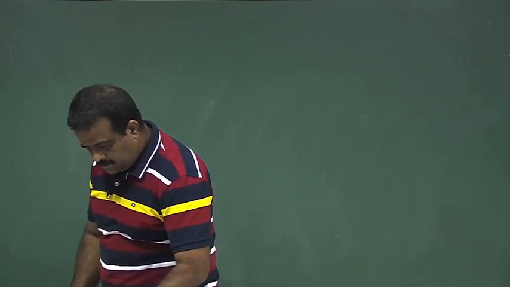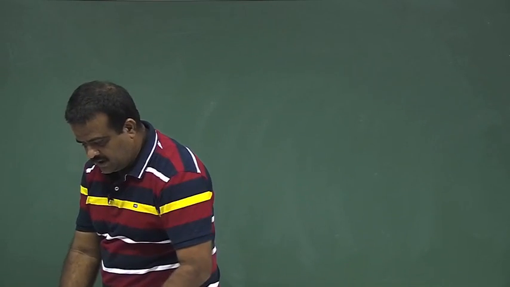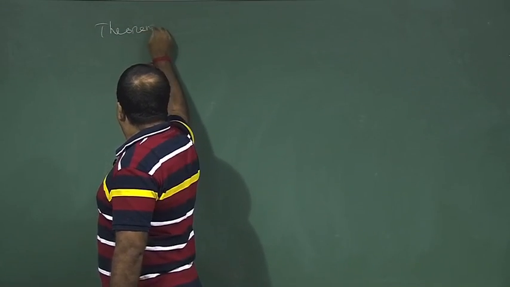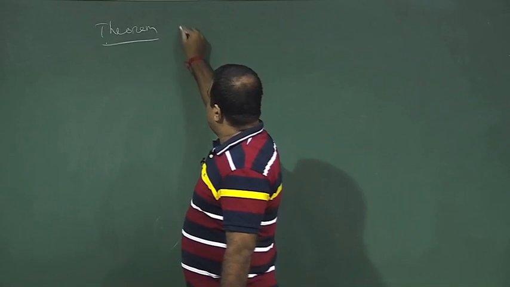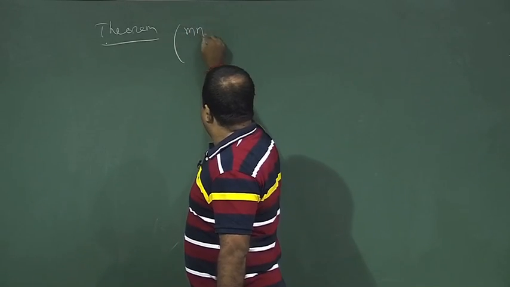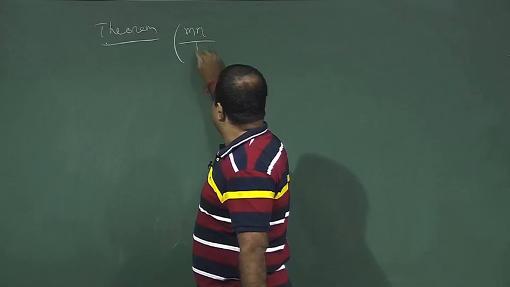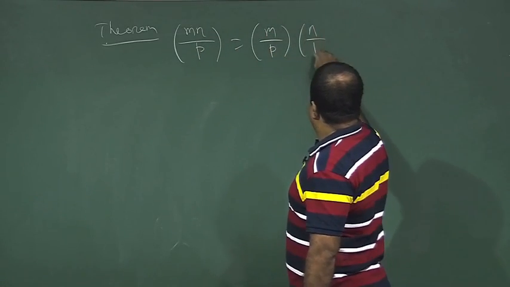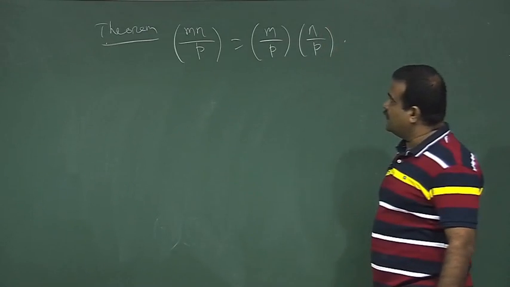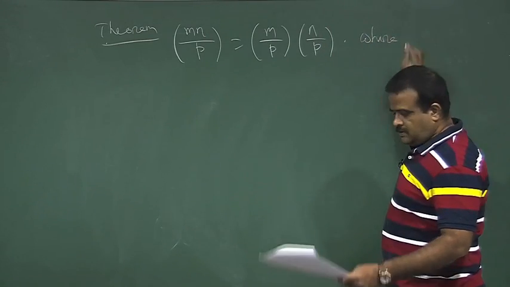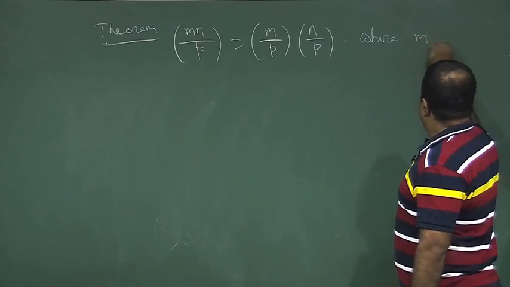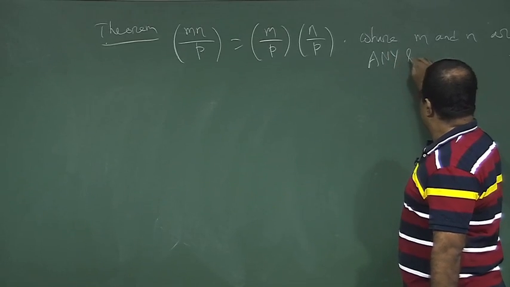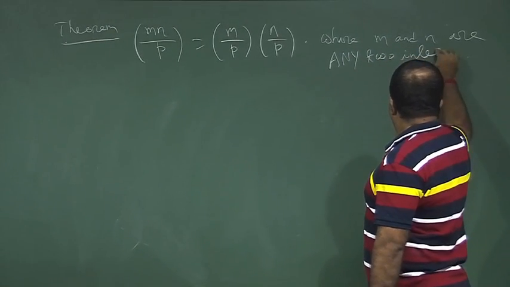Suppose p is prime, and m and n are any two integers. Then (mn/p) is equal to (m/p) times (n/p).